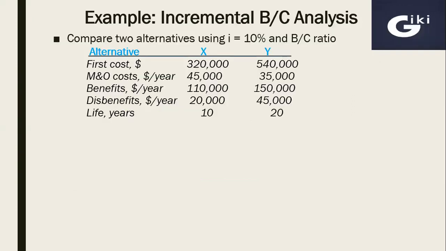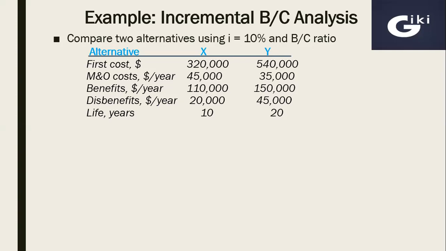Now let's take an example. We need to compare two alternatives using a rate of interest of 10% and B over C ratio. We are given two alternatives, X and Y. We have the first cost in dollars, which is 320,000 and 540,000 for X and Y respectively.